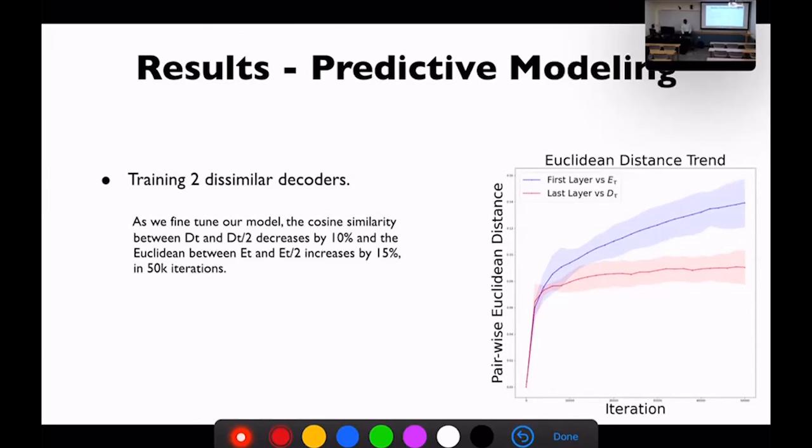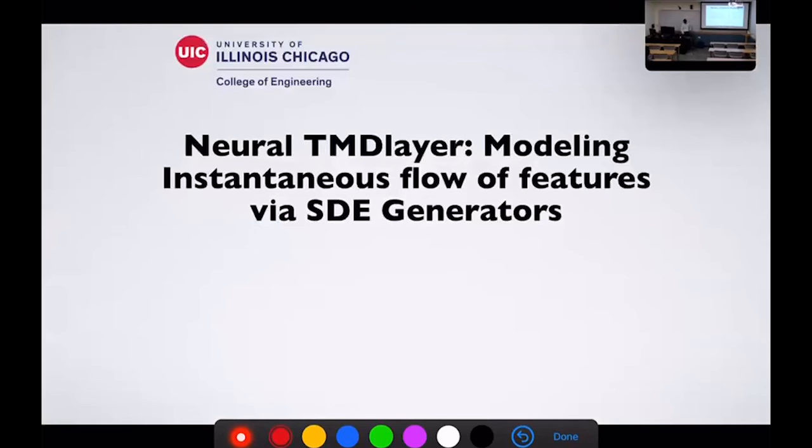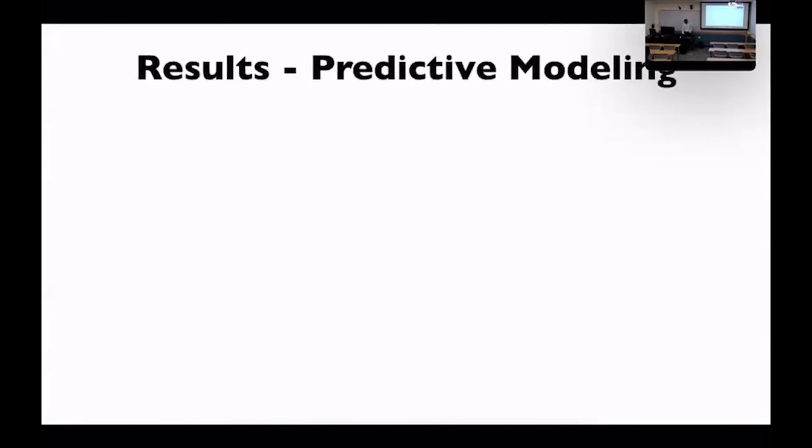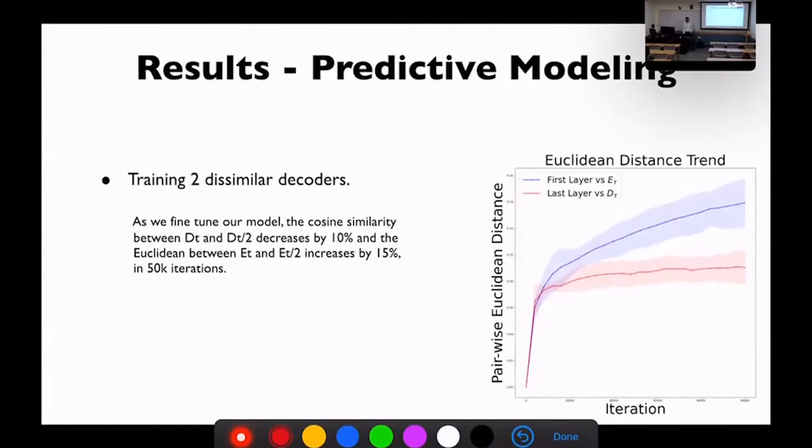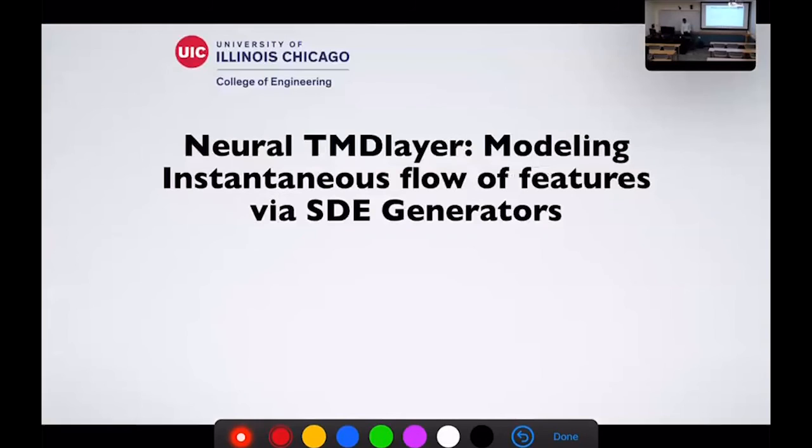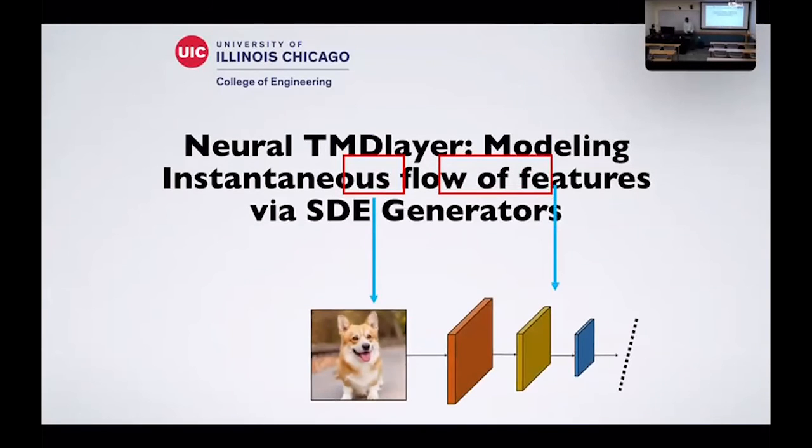This plot shows the distance between the encoders and decoders. As we keep training, it increases, showing that you are actually getting two different encoders. So that was the first part. Quickly, the second one.